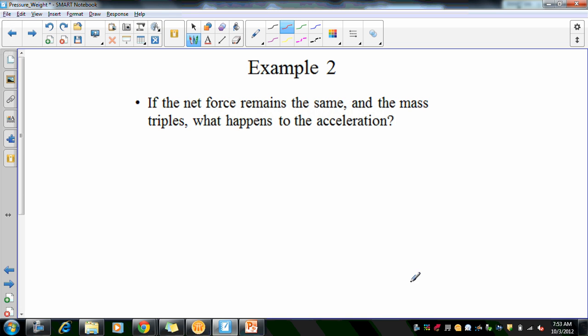So let's try another example. If the net force remains the same, so force is the same, and the mass triples, what happens to the acceleration? All right, so we go F net equals ma. Always start with the equation. Net force remains the same, so we're going to mark it out.